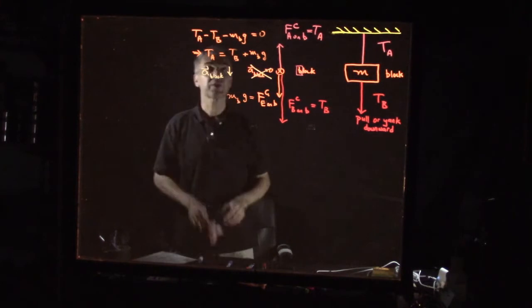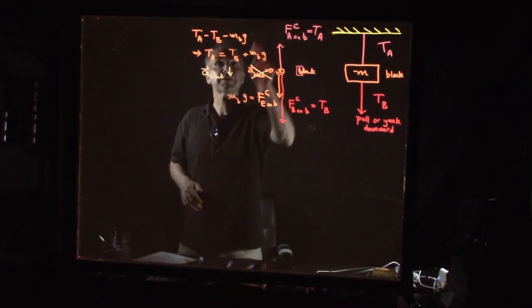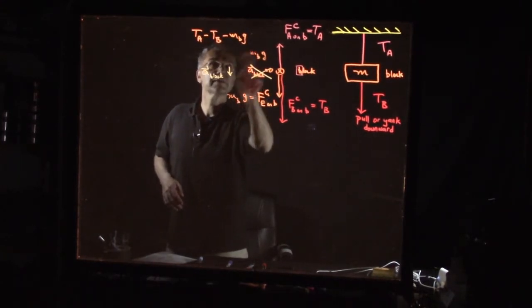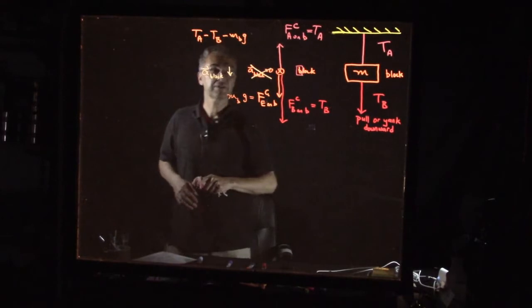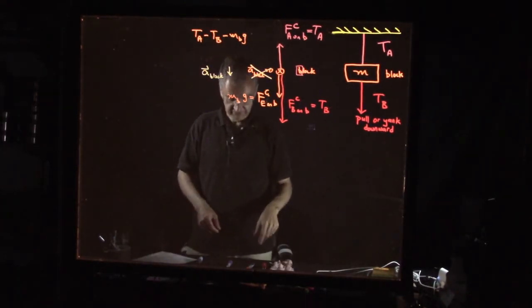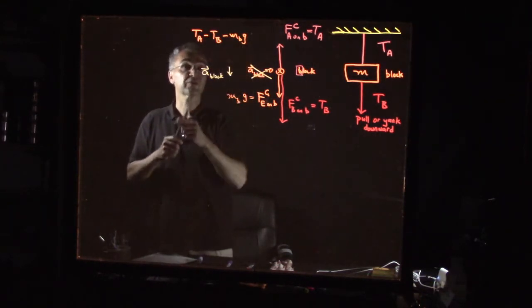So this equation is now wrong, because the acceleration is not 0. Instead, this is Newton's second law for the block. That's what we wrote before, except the acceleration was 0.